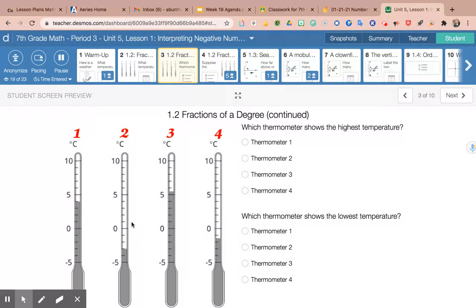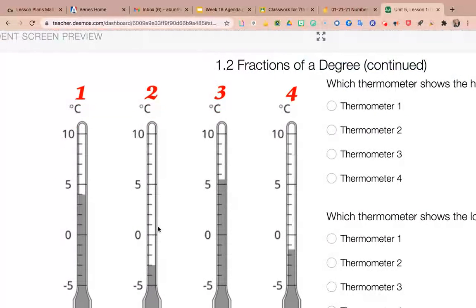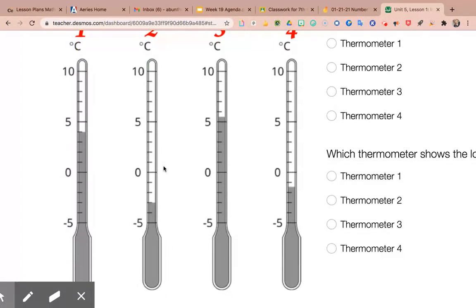So a good observation to make, since our learning target is to learn about positive and negative numbers and their distances: if I start at 0, the further up I go through the positive numbers, the bigger I get. And we know that because 10 is bigger than 5. And since negative numbers are opposite, the further down I go, the smaller the number gets.